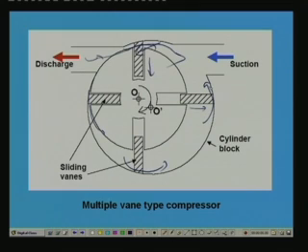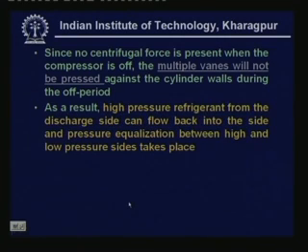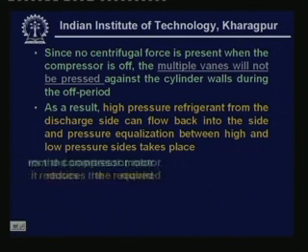So, during the off position there is a possibility of pressure equalization on the discharge as well as suction sides. As a result, high pressure refrigerant from the discharge side can flow back into the suction side, and pressure equalization between high and low pressure sides takes place.